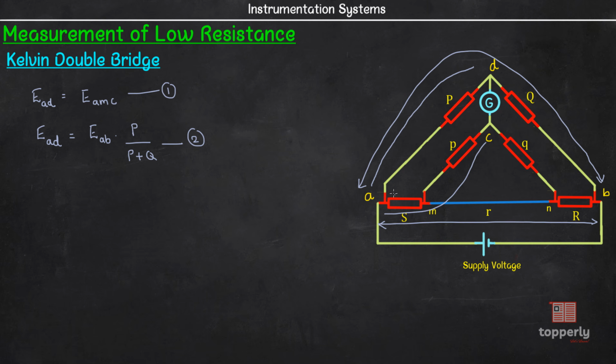And let I be the current through resistor S. The same current will flow through resistance R also.